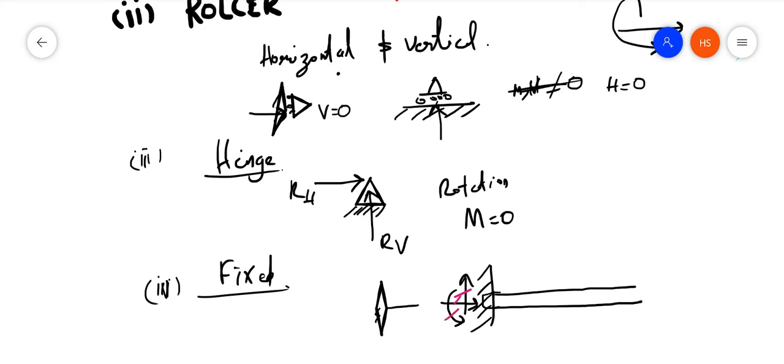So here there is a vertical reaction, horizontal reaction, and moment. So all these are present.